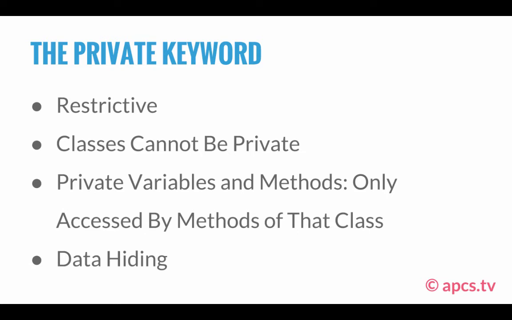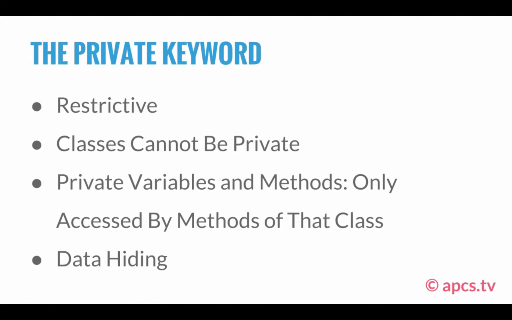One thing to note is that classes cannot be private, because if the class cannot be accessed, then we can't build objects out of it, and that's the entire point of the Java programming language. But we can still have private variables and private methods.